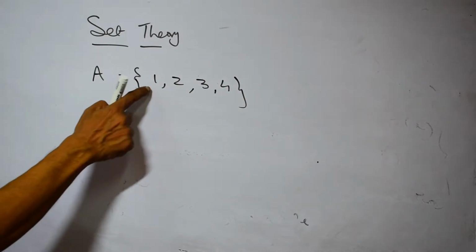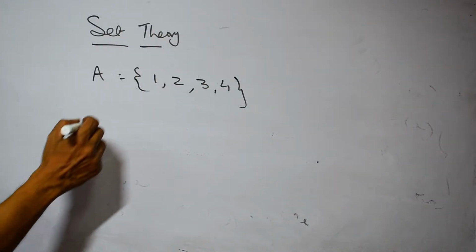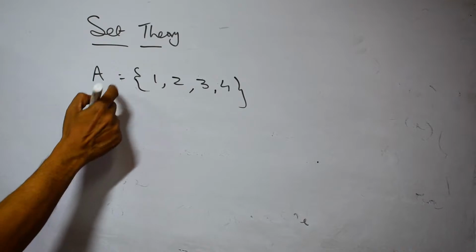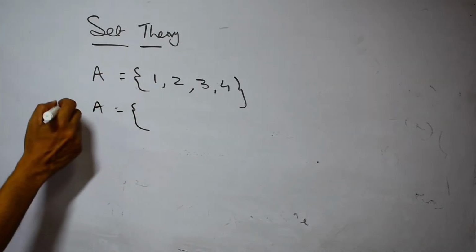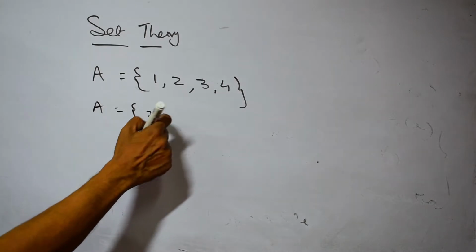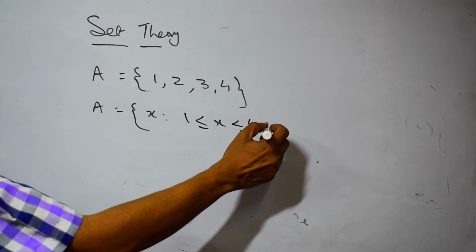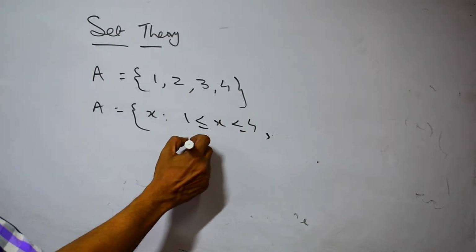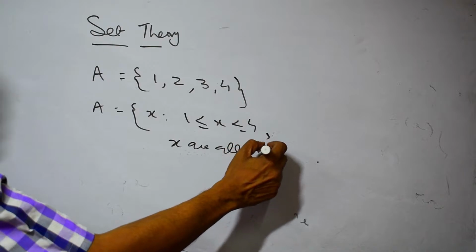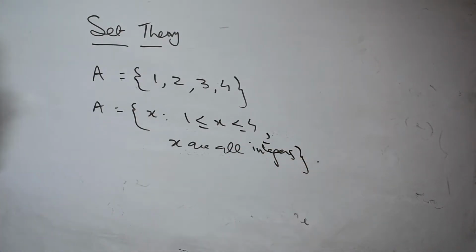But if I write this set another way, that can be similarly x colon, x means that number which lies from 1 to 4, but x are all integers. That means from 1 to 4 all the integers are to be considered. These two are the same.